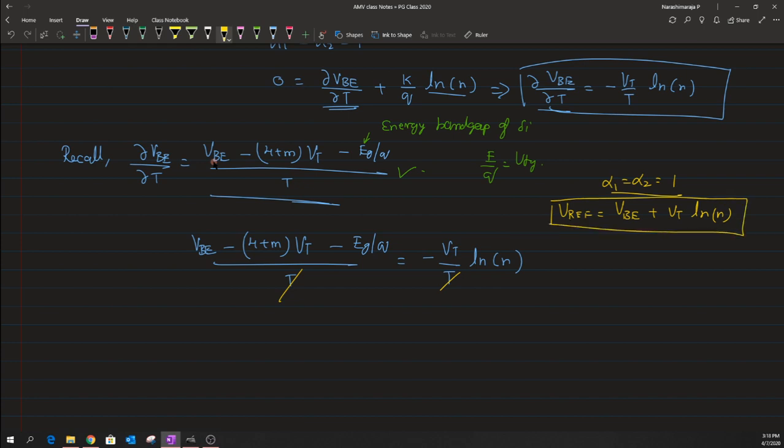So let us pull those terms out of this expression. We have a VB term, and on the right hand side we have a negative value of Vt into ln of n, which when we bring it towards the right becomes V reference.